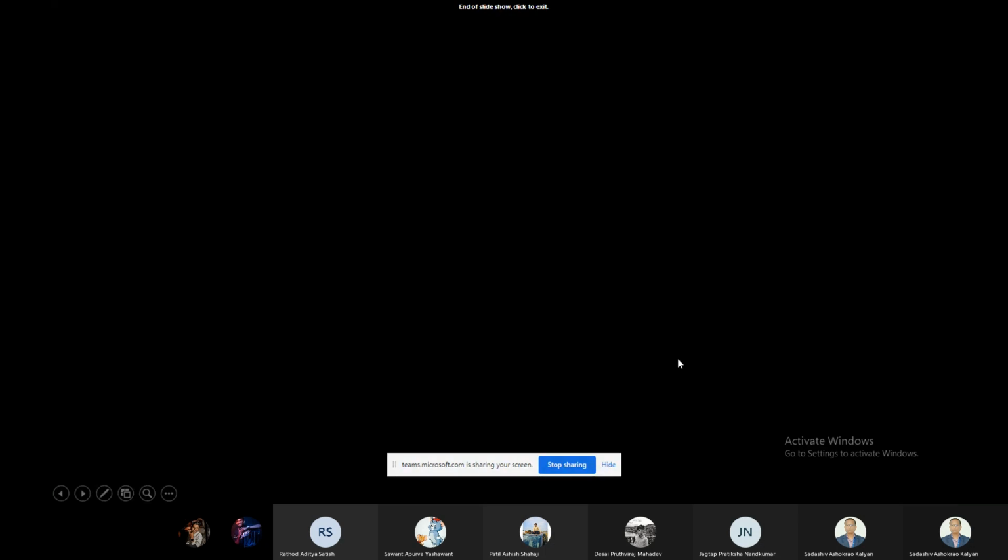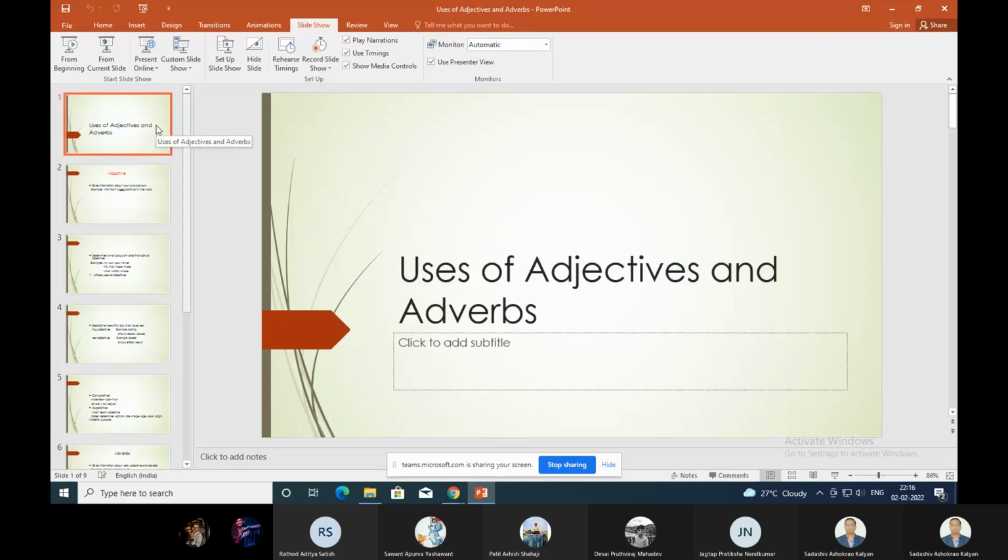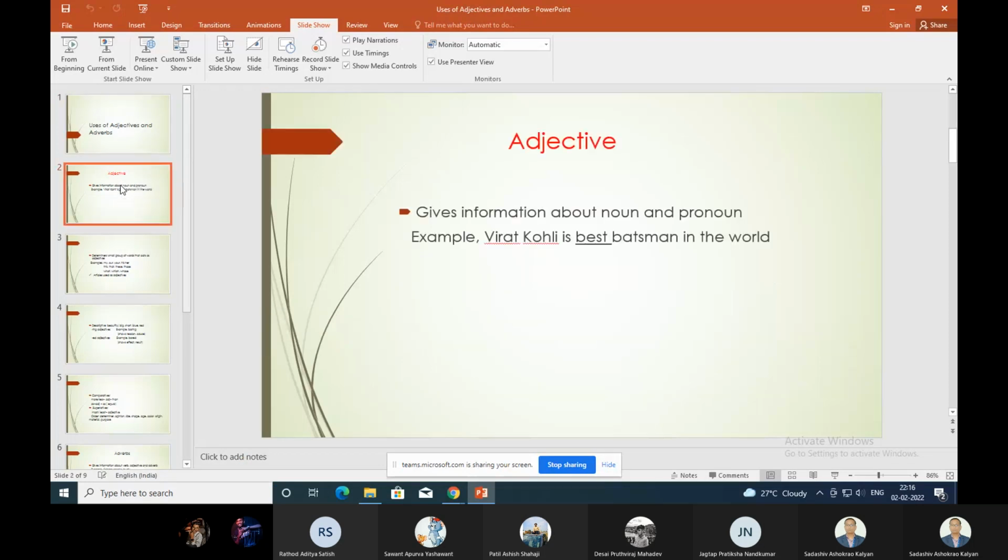So at the end of our lecture, we have discussed noun and pronoun. We are also using various kinds of adjectives and adverbs in our sentences. Adjectives give us more and more information about the noun and the pronoun.